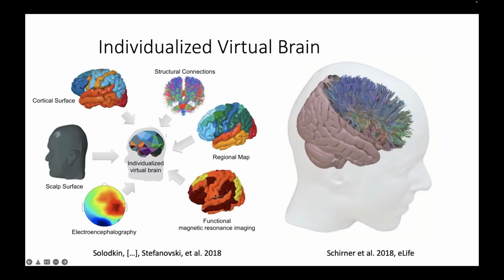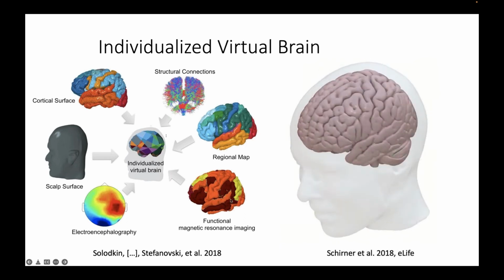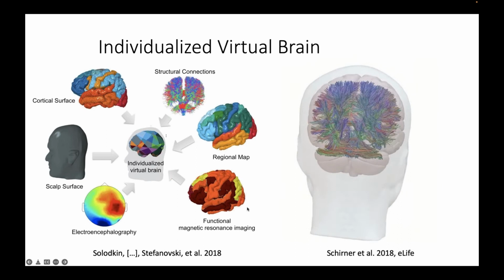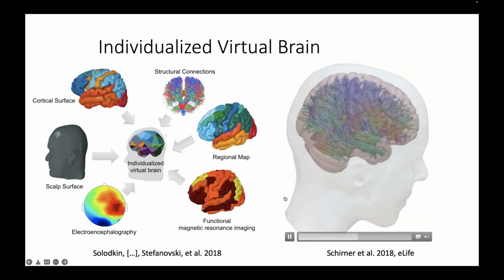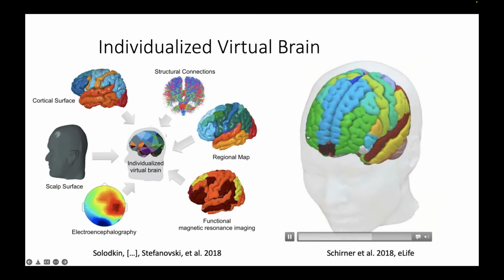So the virtual brain is a software, actually a neuroinformatic platform that is based on two major columns. The first one is the structural connectivity, which you see here, which we infer from diffusion tensor imaging or diffusion weighted imaging.